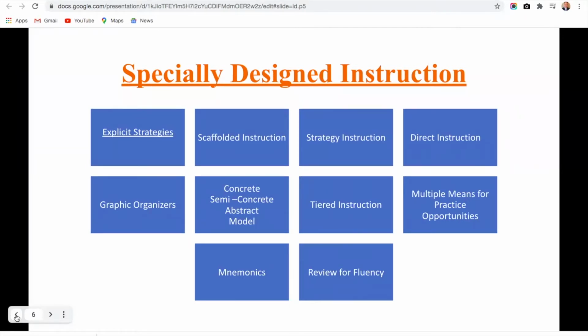So if we're talking about explicit instruction as being one of those number one systems of instruction for students with disabilities, we realize that we follow that I do it, we do it, we do it, we do it, we do it, and then we turn our students gradually loose when they don't need the scaffolding anymore and they can do the skill on their own.